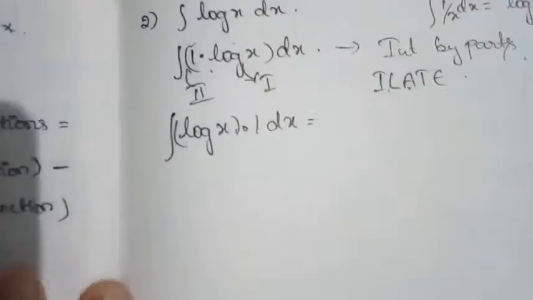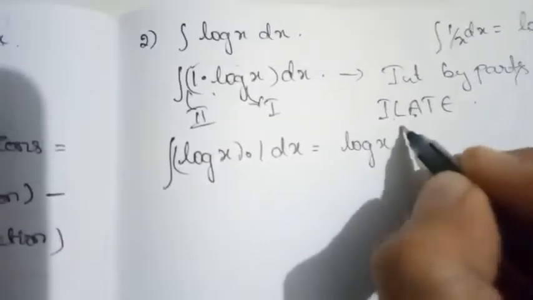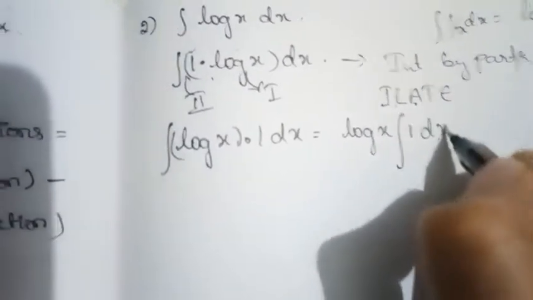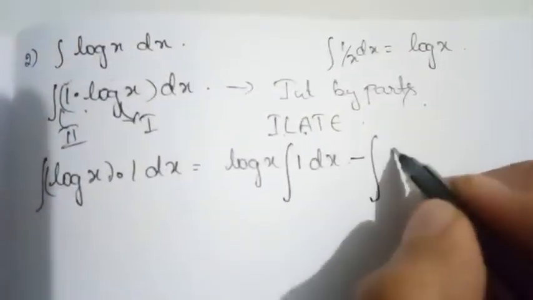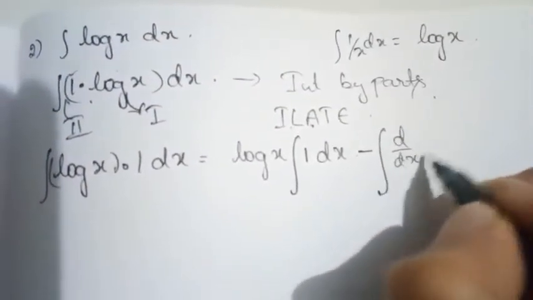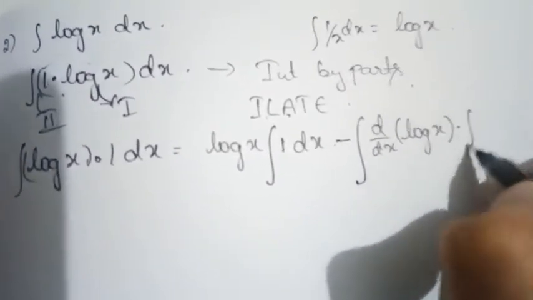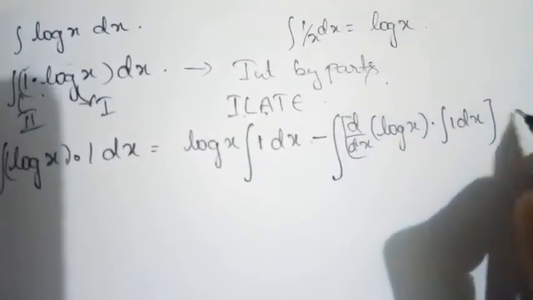So now how does it go? The first function, log x, as it is, integration of the second function, that is 1 dx, minus integration of the differentiation of the first function, that is the differentiation of log x, into the integration of the second function.